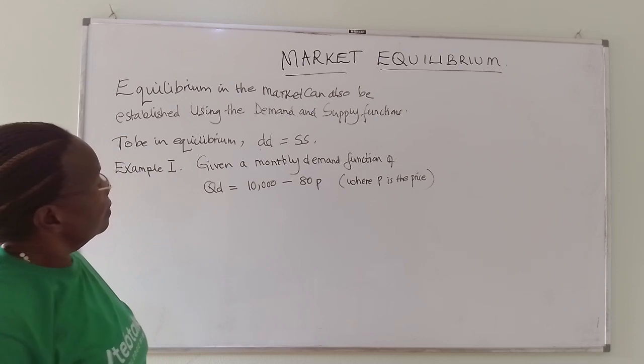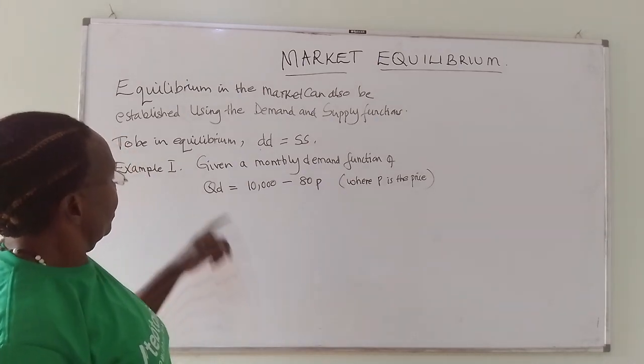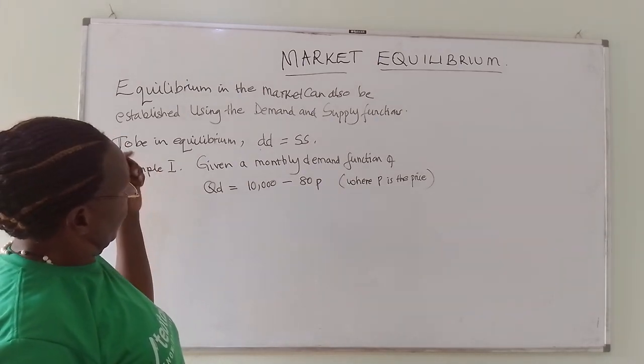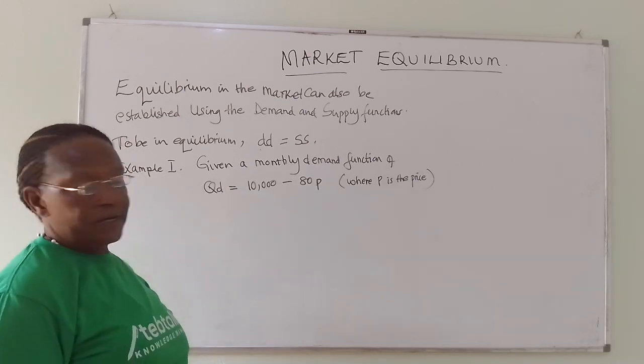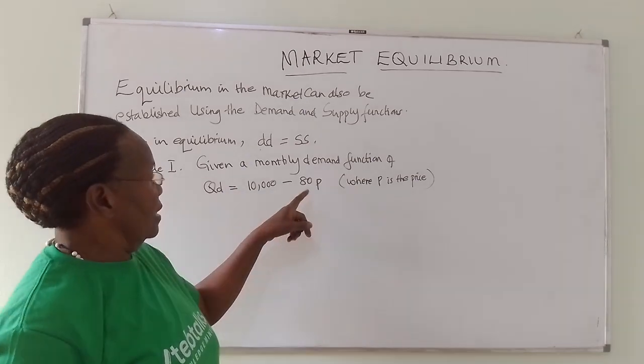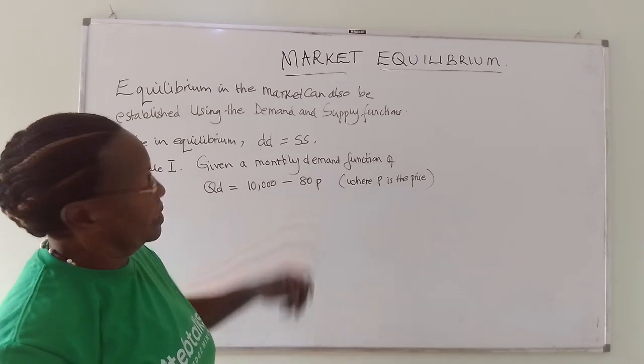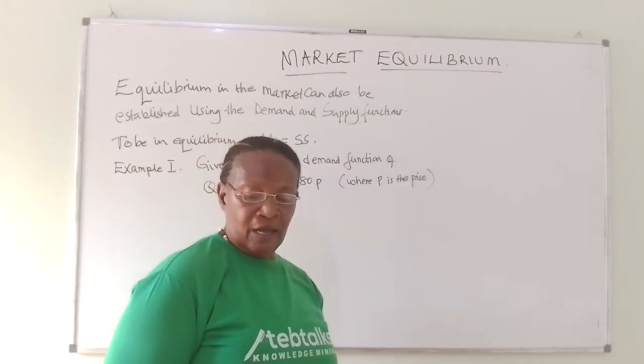So that is the monthly demand function, where our quantity demanded for the entire month is given by 10,000 minus 80p, meaning that we may be required to find p, which is the unknown.